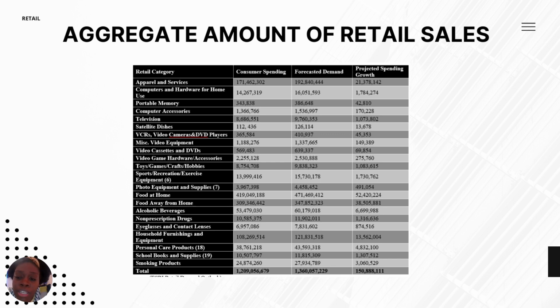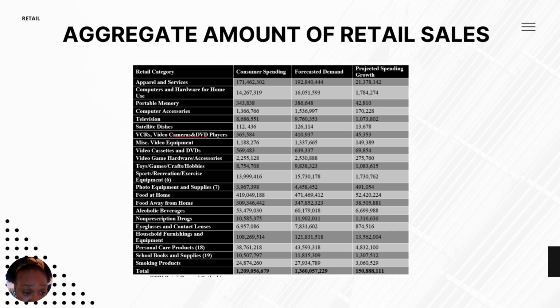And so next, we're going to go to the aggregated sales. Here, this is where the consumer data serves as a valuable source, and I was able to still use Esri for that, where we added up everything in the total category here, and also the notable categories like food at home, apparel and services, computers and hardware, and home merchandise as a significant contributor, representing a substantial portion of overall consumer spending here.